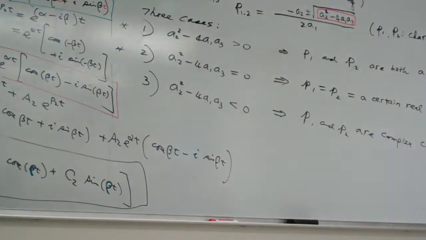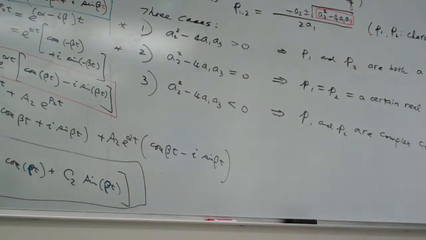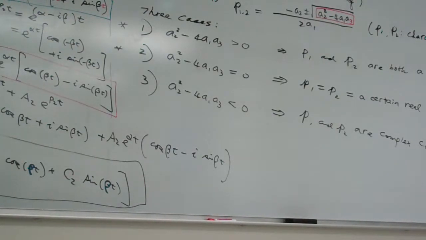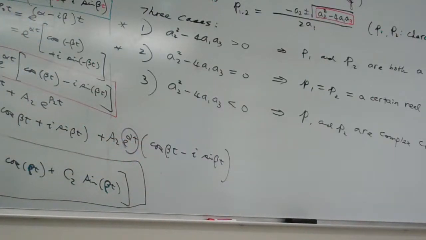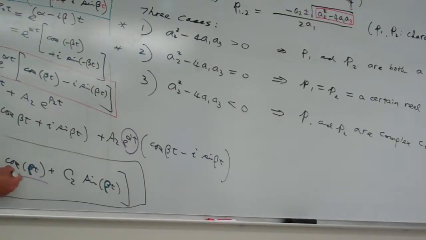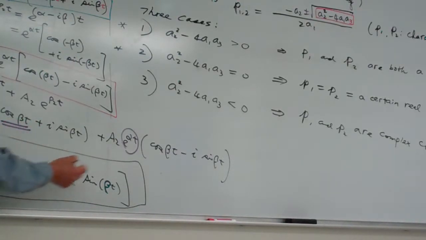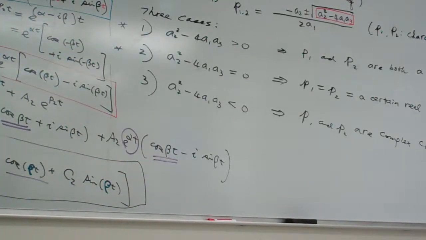Right? We simply introduce it here. So right now we have e^(alpha t) in both terms, so we take it out. Then, using a different color to highlight it, we collect the terms. For this term, it is contributed by this term and that term. So in this case, C1 equals A1 plus A2.